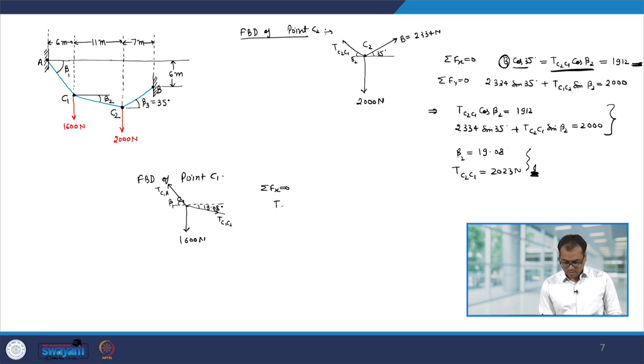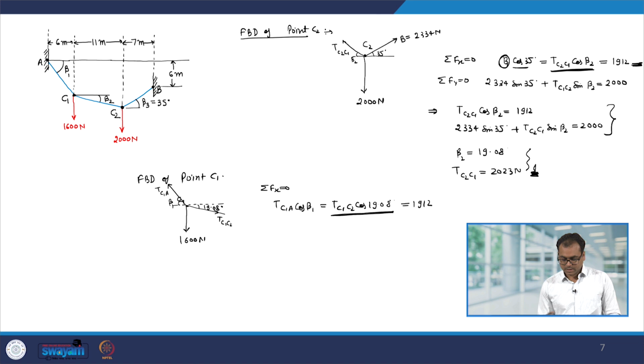So, I have T C1A cos beta 1 equal to T C1 C2 cos 19.08 degree, and this I already know because T C1 C2 is known, and cos 19.08 you can find out. So, this comes out to be 1912.